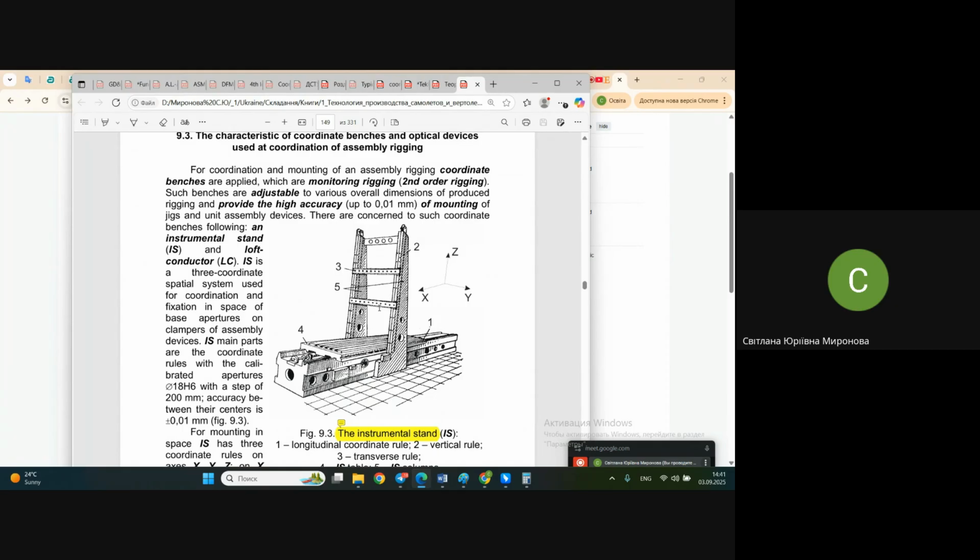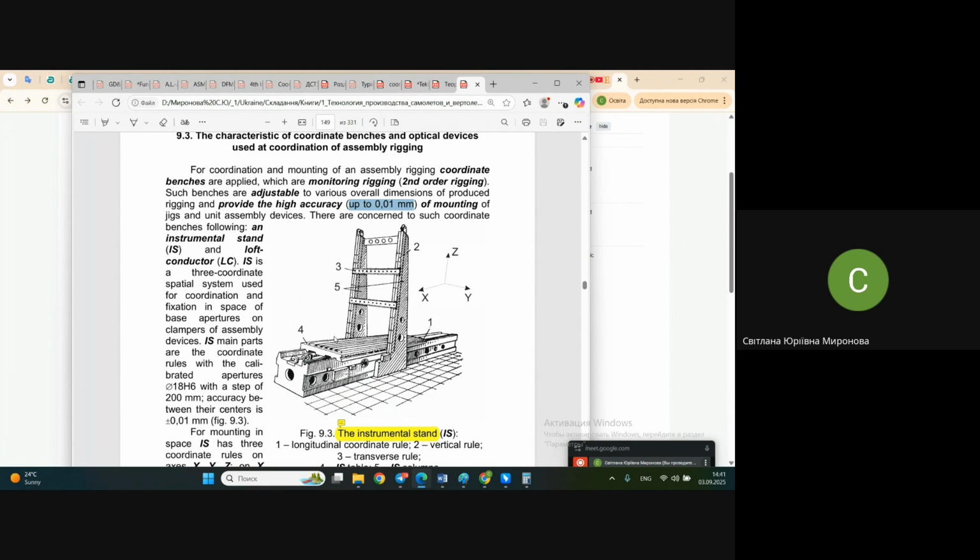Three-dimensional ruler, it's called instrumental stand, and it's a tooling also of secondary kind, secondary tooling may be called. But this thing is able to measure sizes with accuracy plus minus 1/10 of millimeter. Accuracy is given between holes, between divisions in this instrumental tool.